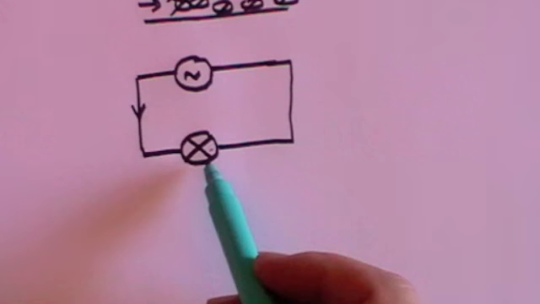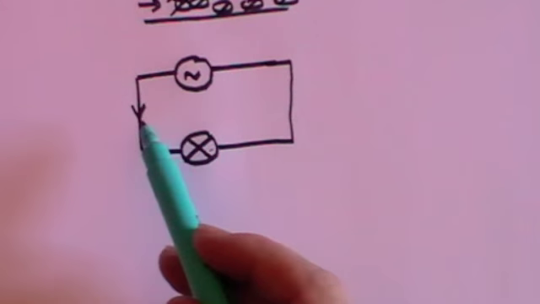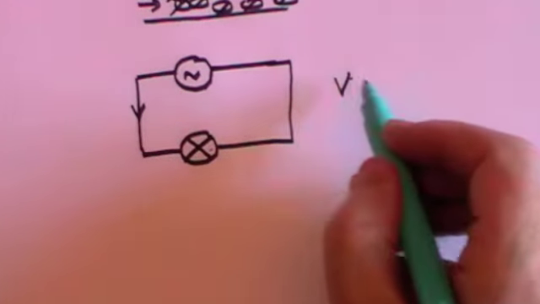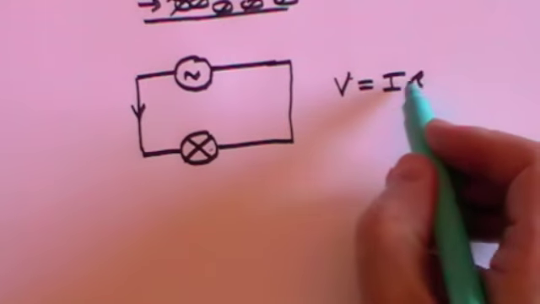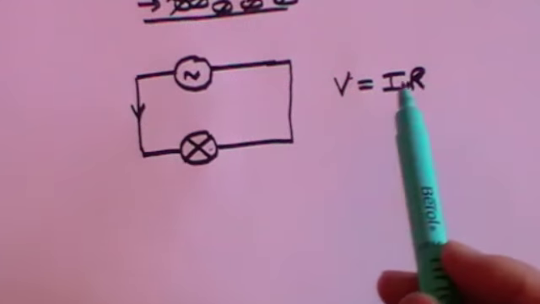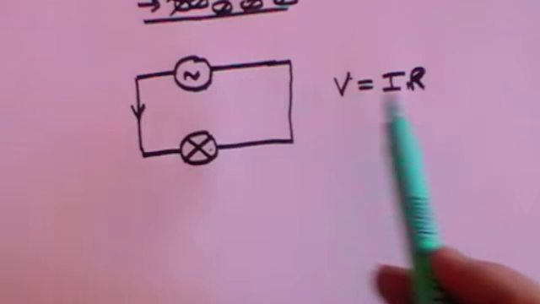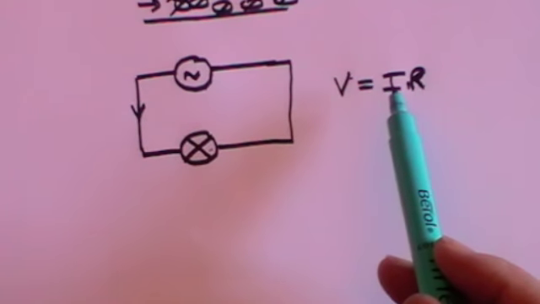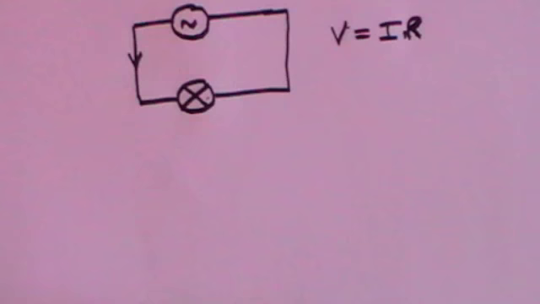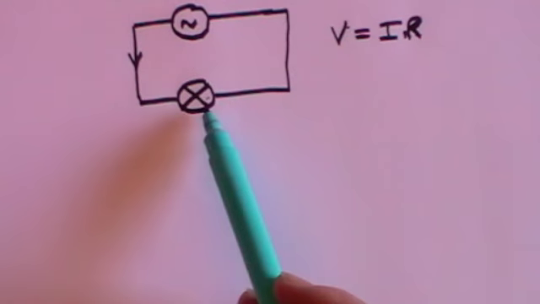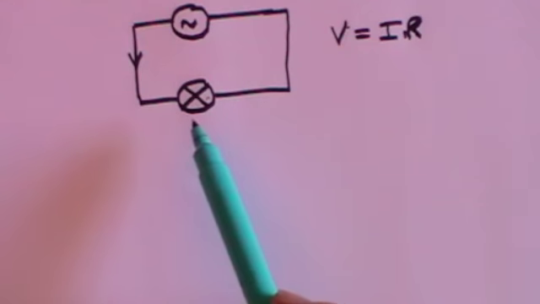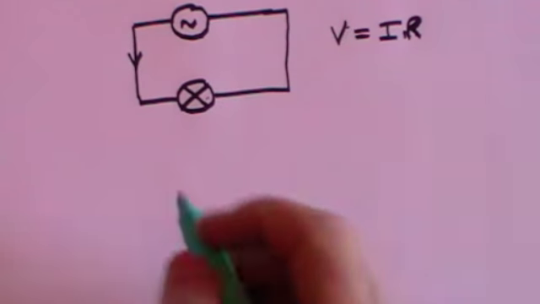As it gets hotter, the resistance increases, so the current decreases, because V equals IR. But V doesn't change, that's just the voltage of your domestic supply. As R increases, I must decrease. So as it gets hotter, the resistance increases and the current flowing through it decreases.